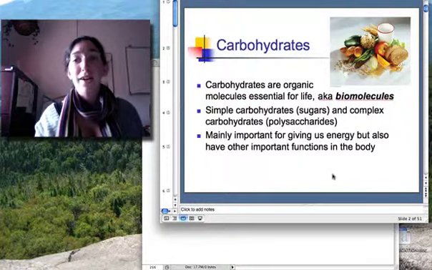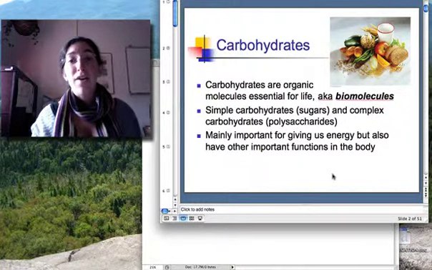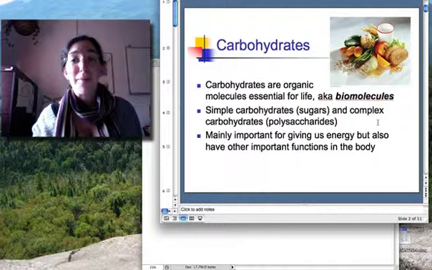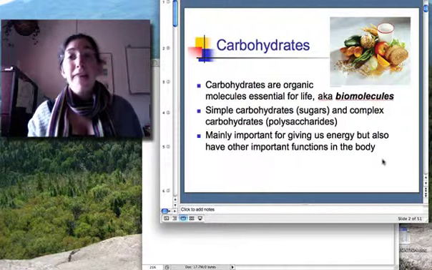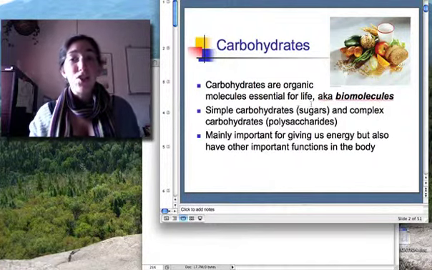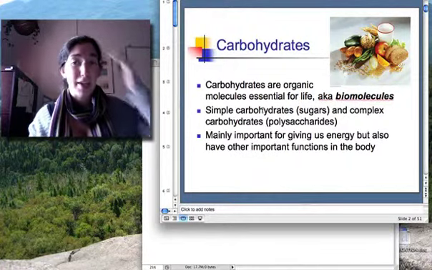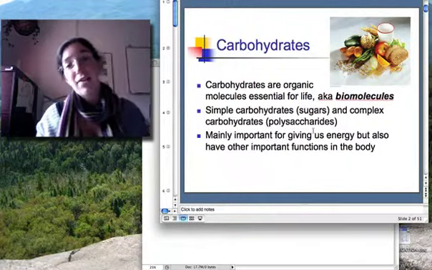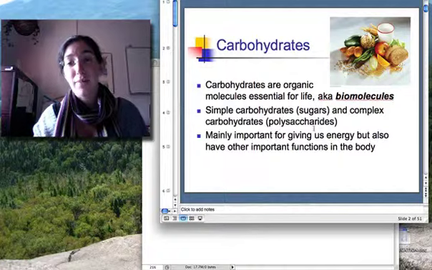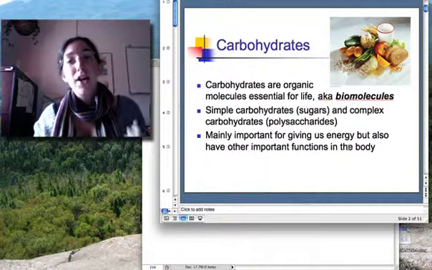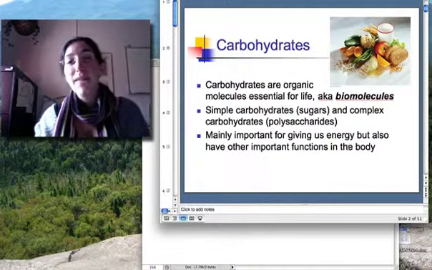So what are carbohydrates? Carbohydrates are organic molecules, like I said. They are biomolecules, and they can be divided into two classes: sugars, which are simple carbohydrates, and polysaccharides, which are the complex carbohydrates. Carbohydrates are mainly important.